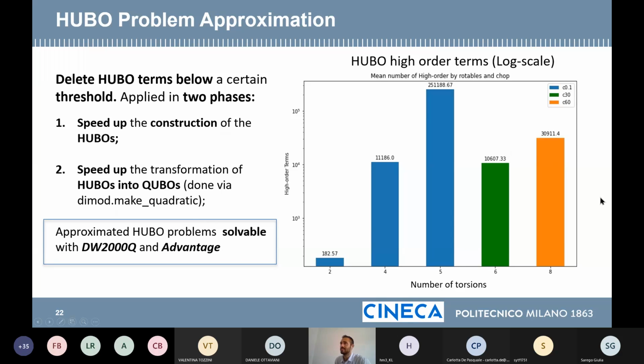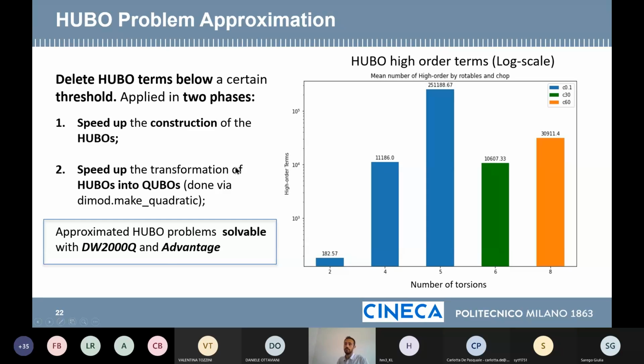We deleted all the terms below some threshold, and this helped us in 3 ways. First, we obtain a speed up in the construction of the polynomial that represents the HUBO. Secondly, it's easier in this way to transform a HUBO into a QUBO problem.